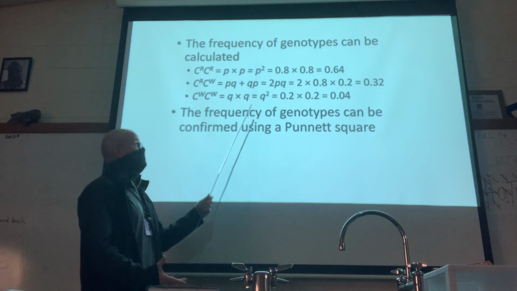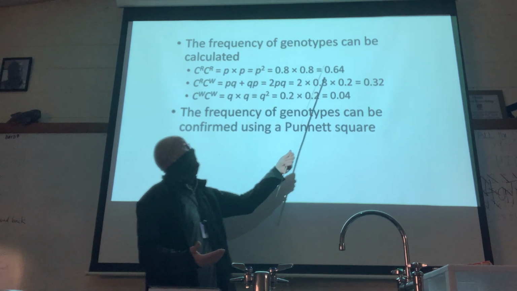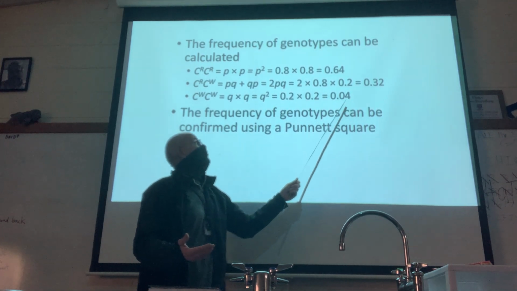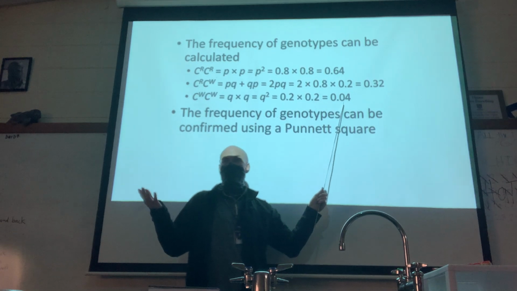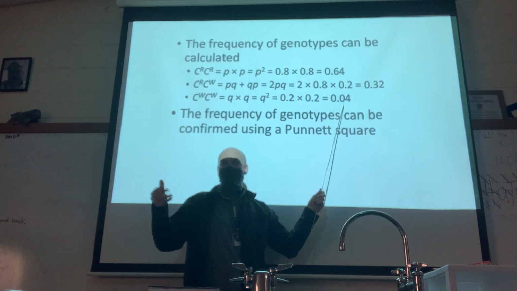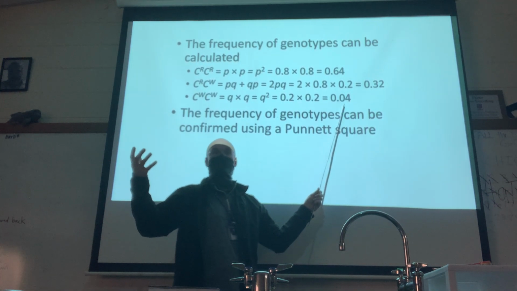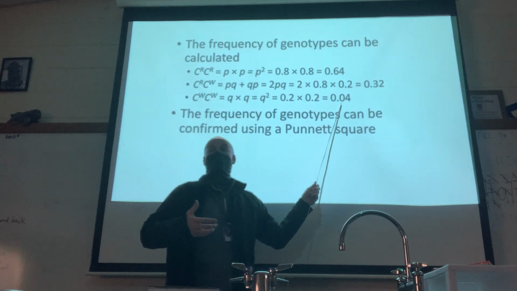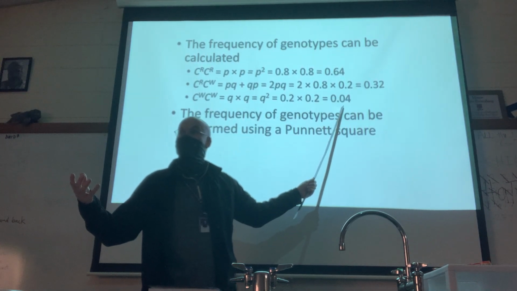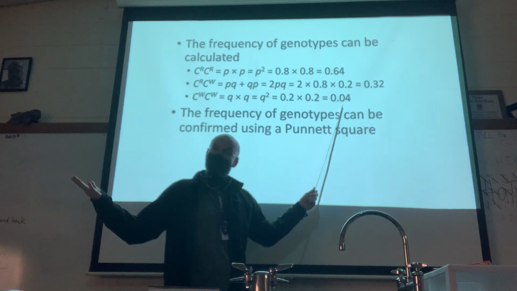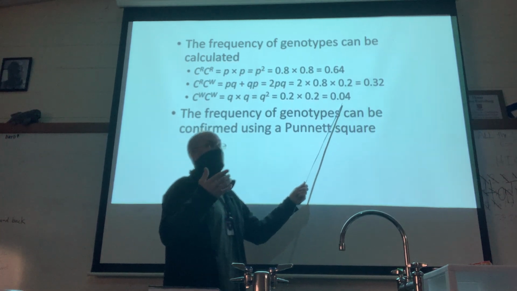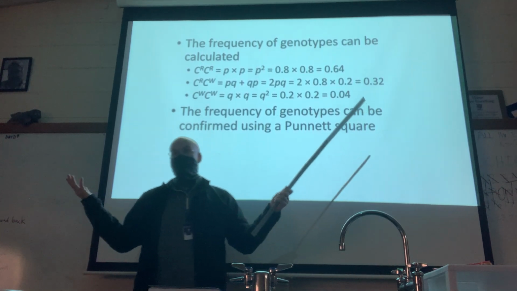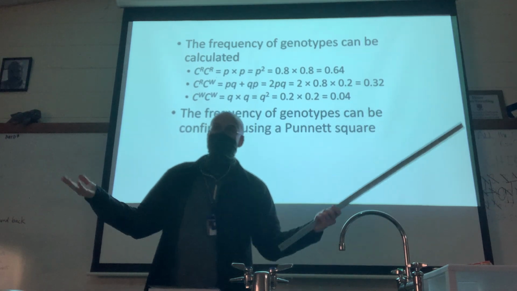So we would assume next generation we would see this. Well, what if instead of 4% of the population next generation having white flowers, it was like 30%? We could learn something from that. We could say, there's only supposed to be 4% white flowers, but there's 30%.